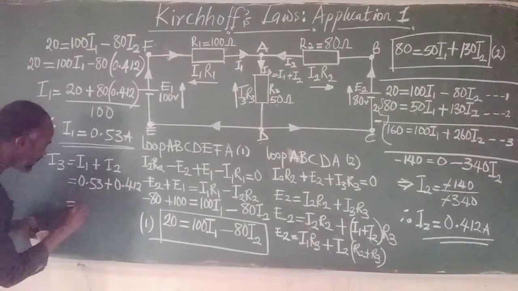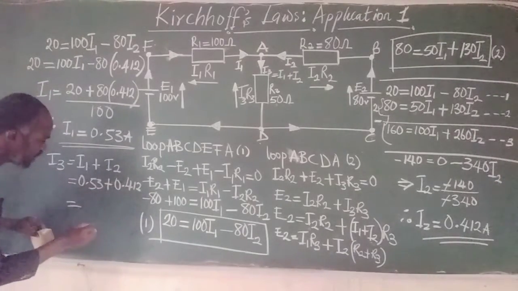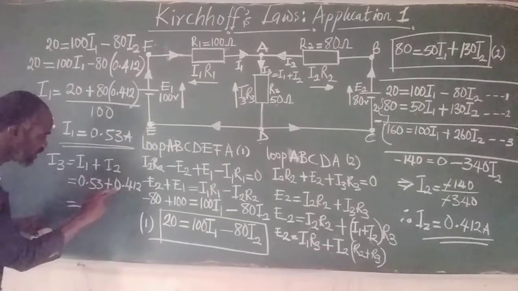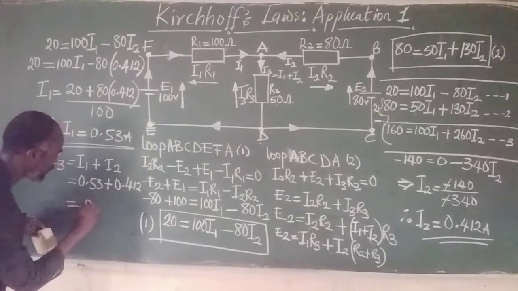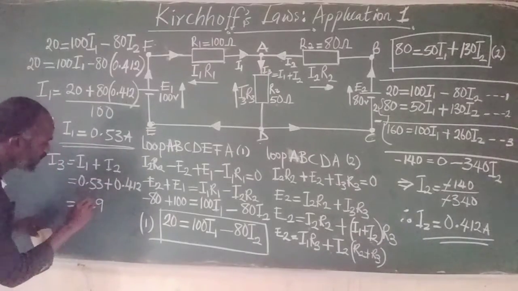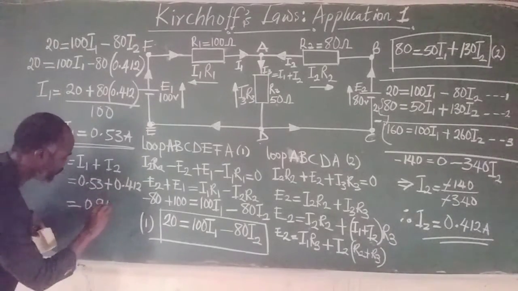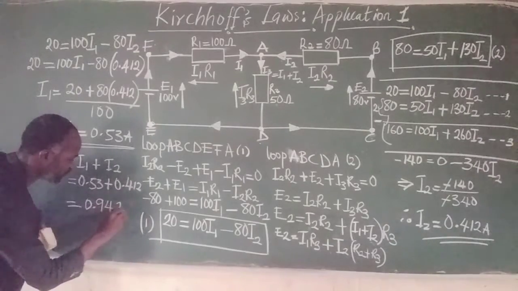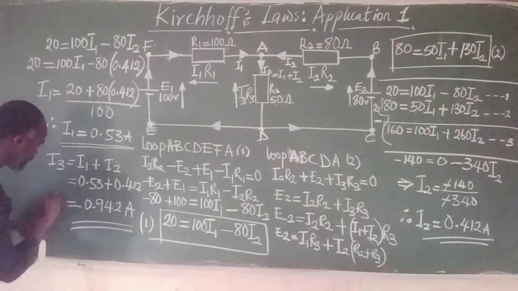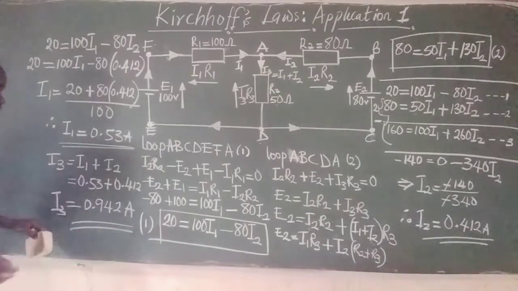So adding them together, you know what it means? Adding them together is going to give us something important. 2 here, right? 3 and 1 will give us 4, and 5 and 4 will give us 9. And finally we bring down 0 amps, so 0.942 amps, right? All right, so that is the value of current 3.